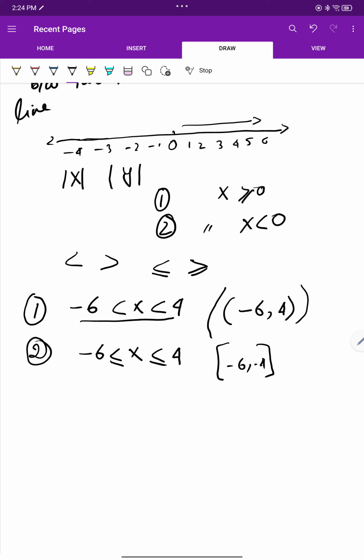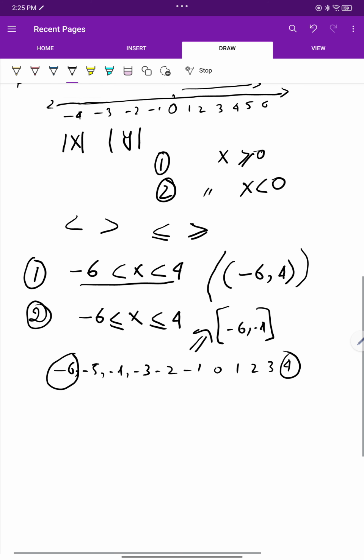So here I can start from -6, -5, -4, -3, -2, -1, 0, 1, 2, 3, 4. So in this -6 is less than equal to x, x is less than equal to 4, so we can include this one. Representation, if you want to do, is in this square bracket, large bracket usually use.